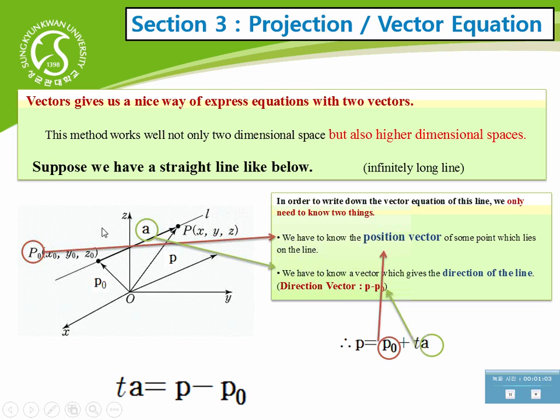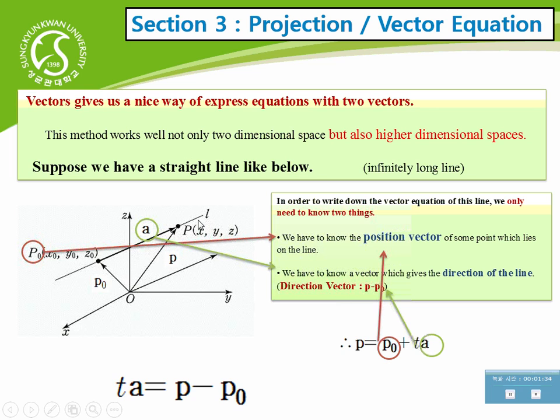What is the nature of this line L? This line has a direction like this, and it is not the same as the line over here, is it? So this line has a direction like this and passes through some point.